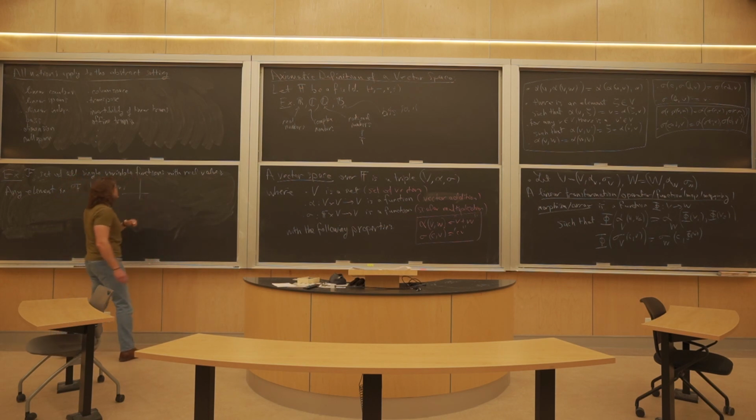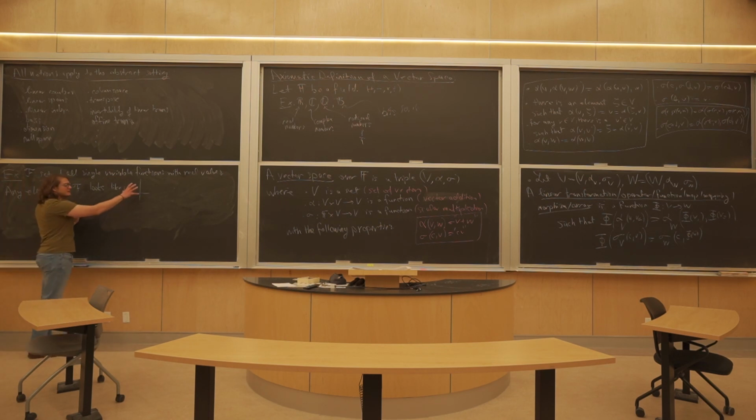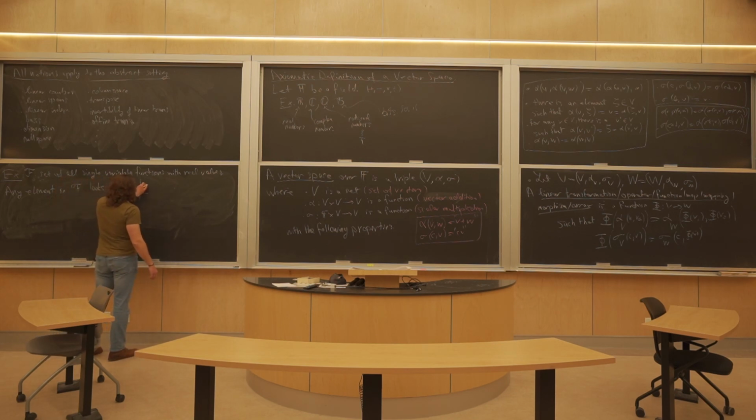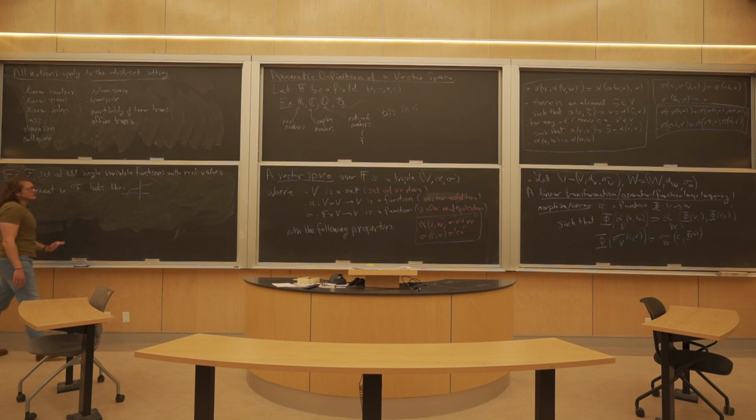I'm imagining in my head, it's like any point in this space is a picture. And what is the picture? It's the graph of the function. Okay? Is this a vector space? Certainly it is. Let me just tell you what addition and scalar multiplication is.